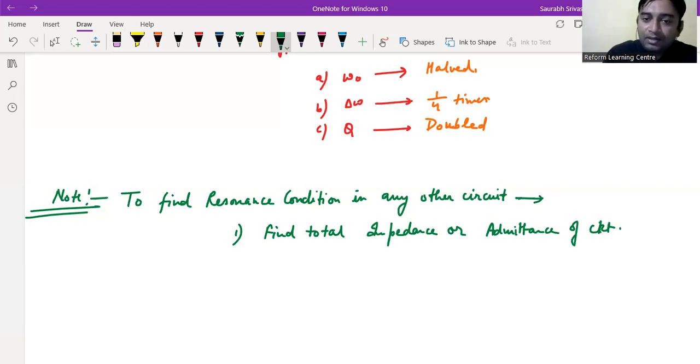Either you can calculate total impedance or you can calculate total admittance, anyone जो easily हो जाए.